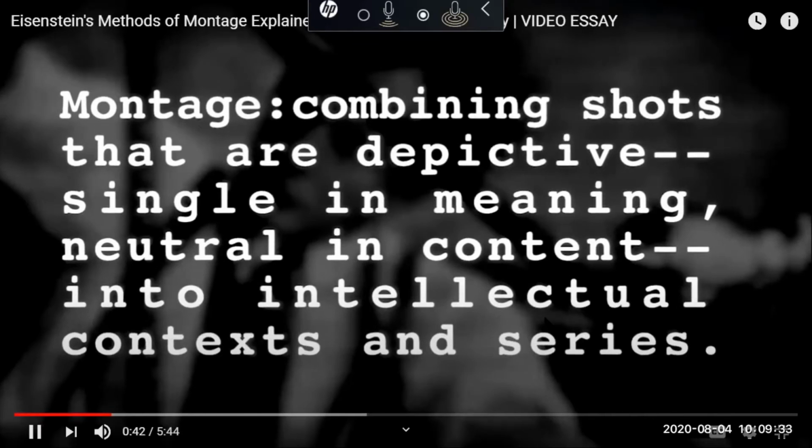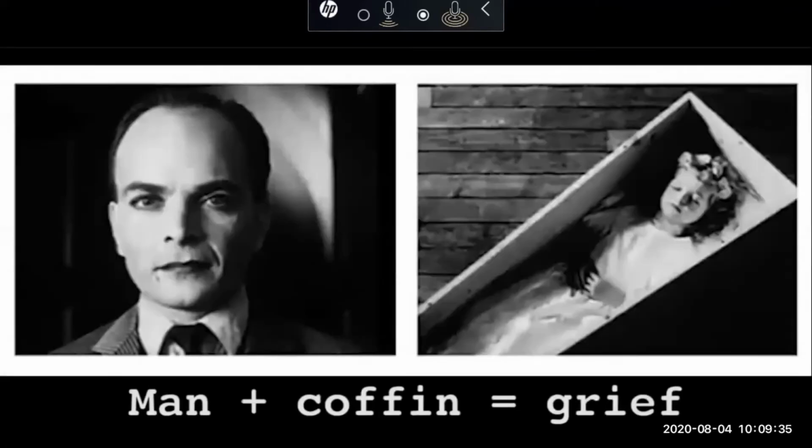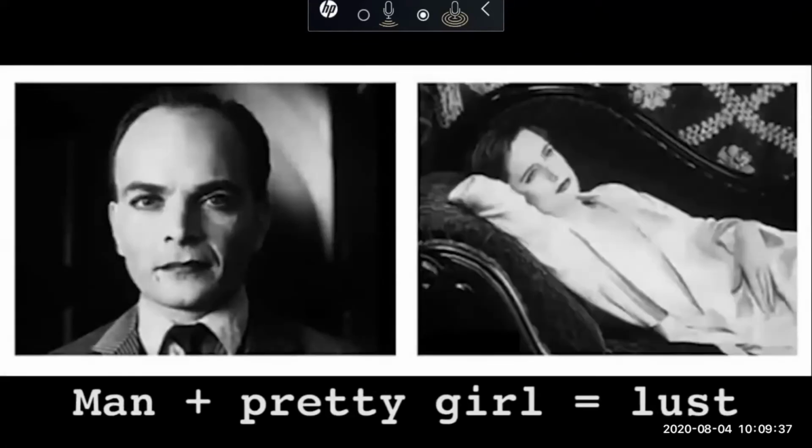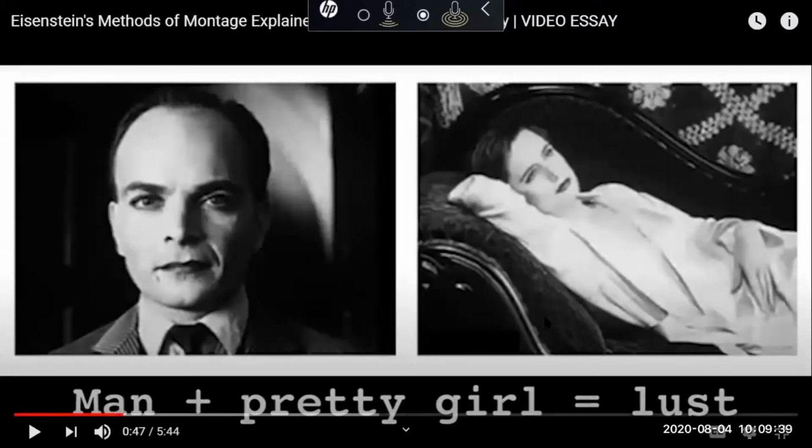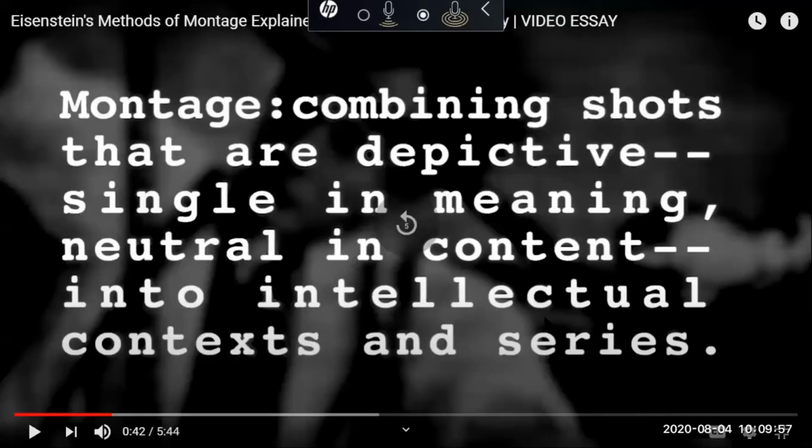In other words, two neutral images colliding to illustrate a third, undepictable thing. So you can see that the image on the left remained the same, but the image on the right was changing. Did you notice what three images he just showed you? Right? Did anyone notice the change in the three images on the right side?